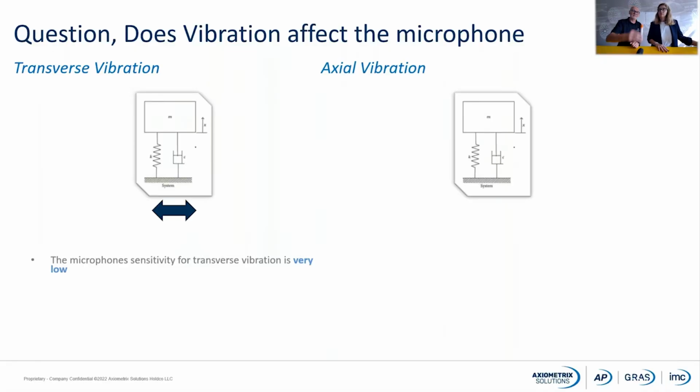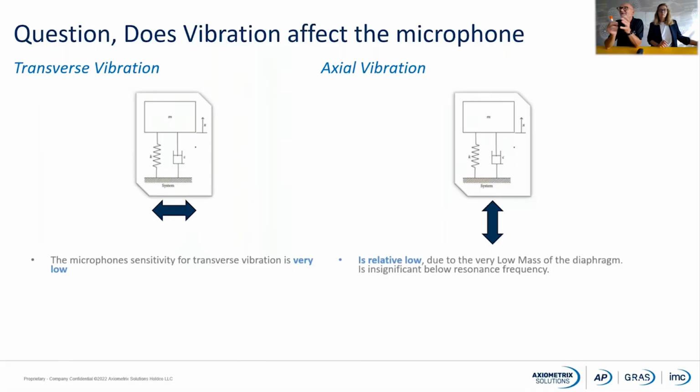Axial vibration is when the microphone is mounted on an object which is moving up and down. So it will have an effect on the diaphragm of the microphone. The effect is relatively low due to the low mass of the diaphragm, and it is insignificant below resonance frequency. At resonance frequency for the microphone, it would be relatively high, and then it will damp again above resonance frequency.